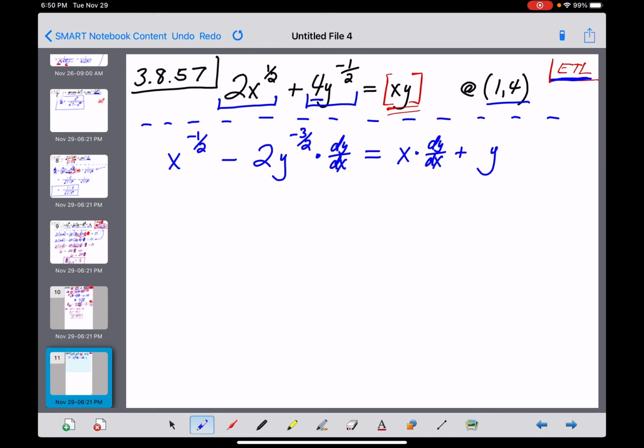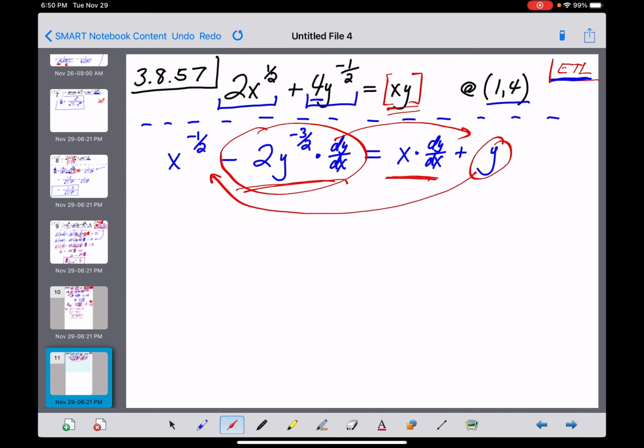I need to get the dy/dx isolated. So here's what I see. 4 terms here, 2 of which contain the dy/dx. I'm going to move this whole term over to the right side. Usually I move the dy/dx's to the left, but I already like the fact that this dy/dx is positive, and by moving this negative term to the right, it'll become positive. That means I've got to bring this y back over here.